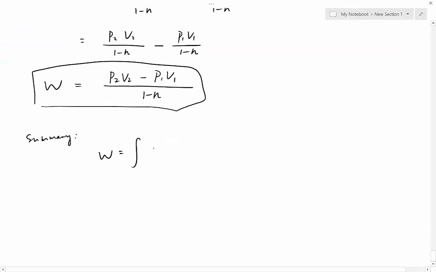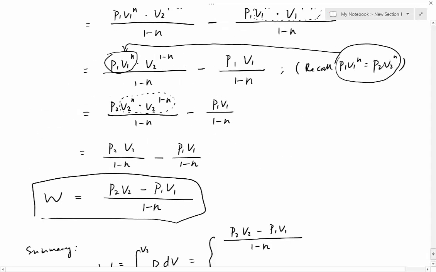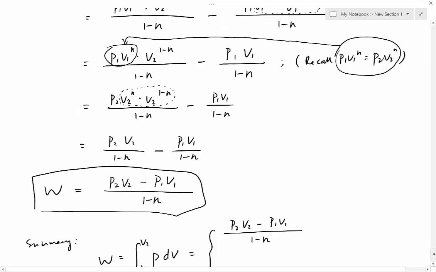The original equation is integral of P times dV from V1 to V2. And then after that, you realize the equation we developed is P2 V2 minus P1 V1 over 1 minus N. This is absolutely true. However, sometimes we use a different one. What is that? Sometimes we use this one.